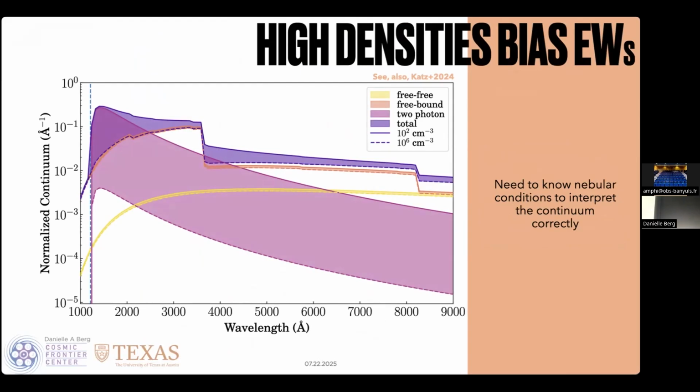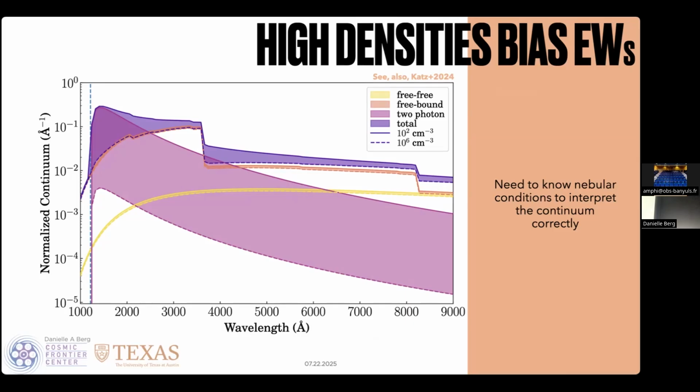And so the overall continuum that you're seeing here is this dark purple line, and it's showing you what it looks like if you only have a low density of 100 electrons per cubic centimeter versus if you have 1,000,000 per cubic centimeter. It doesn't make a huge change in your optical as you go out into your infrared, but in your UV, because this is a log on the Y, not only is it changing the level of your continuum, but it's changing the slope of your nebular continuum considerably.